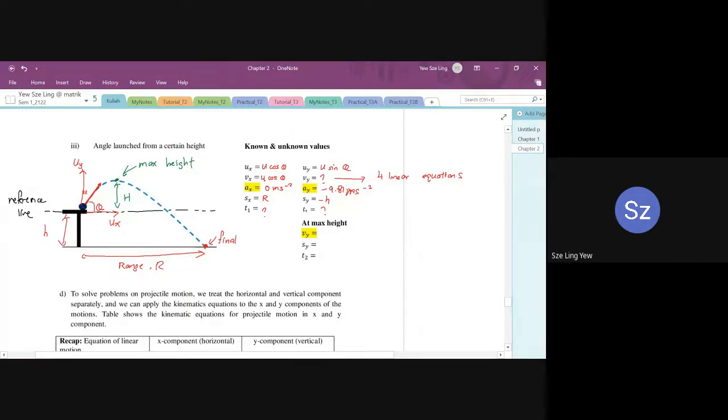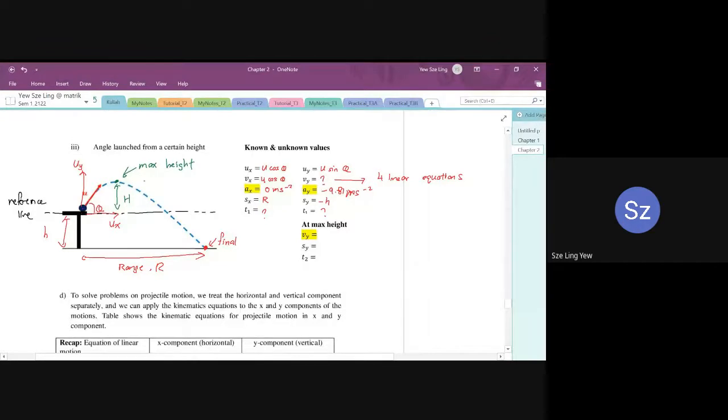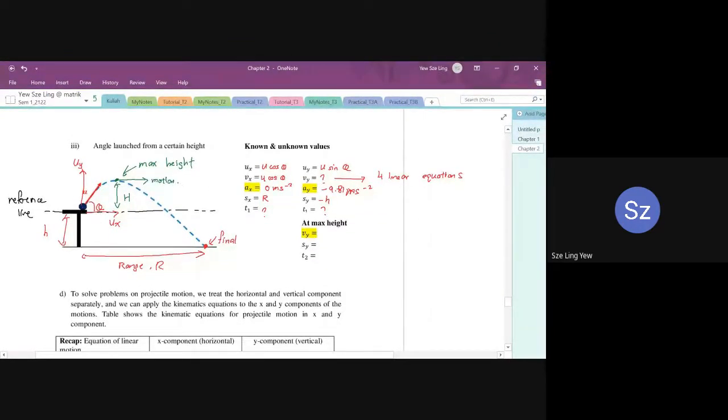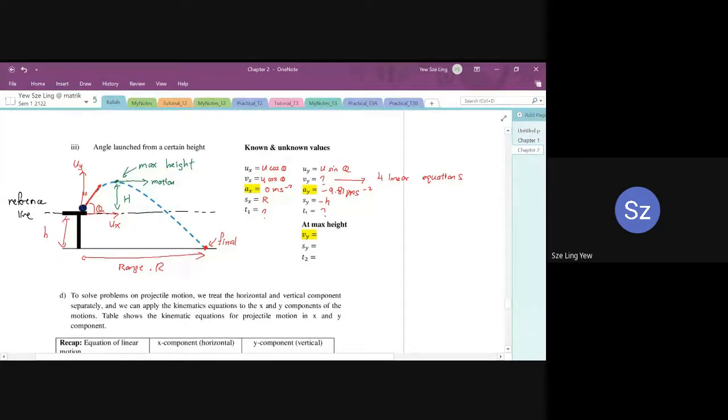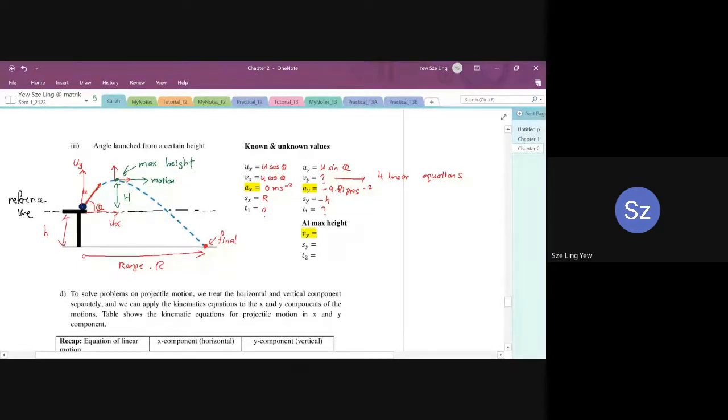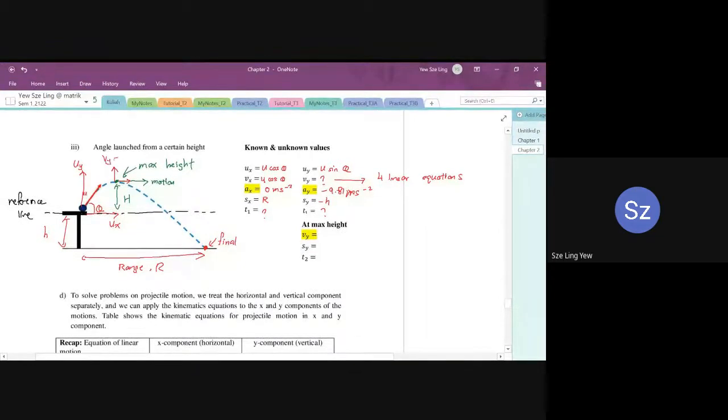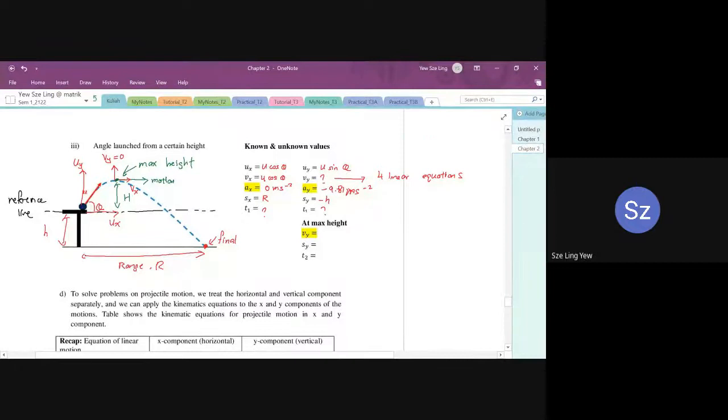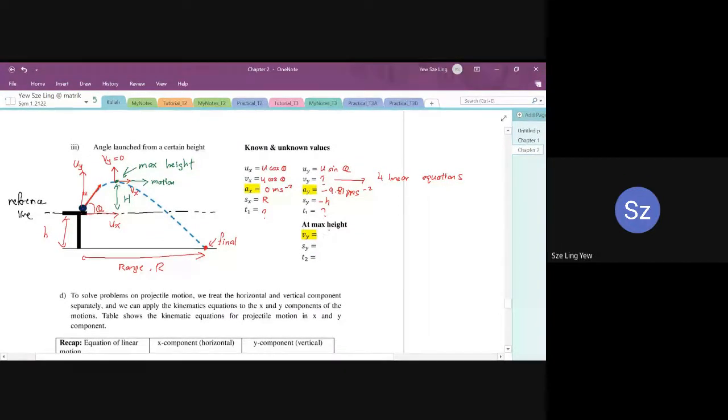Again, our motion is tangent to the curve. This is the direction of motion. If you resolve it into x and y components, it tells you vy is equal to 0. At the maximum height, the velocity is all lying on the x component. So vy equals 0.